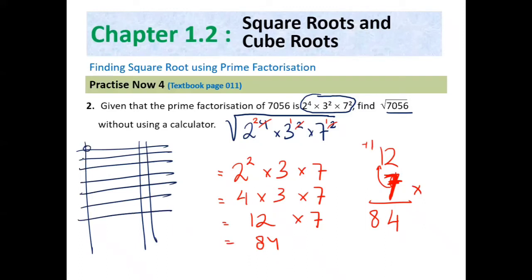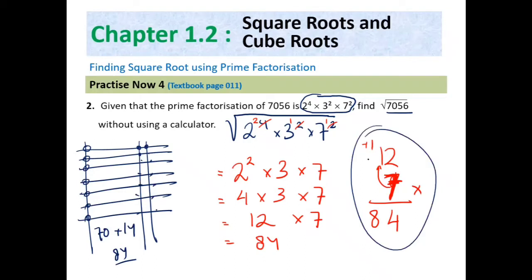So how many dots do we have? 1, 2. How many intersections? 1, 2, 3, 4, 5, 6, 7, and 1, 2, 3, 4, 5, 6, 7, 8, 9, 10, 11, 12, 13, 14. So 84. It's the same. Okay, up to you. If you want to use this, it's okay. If you want to use another idea also, you can.